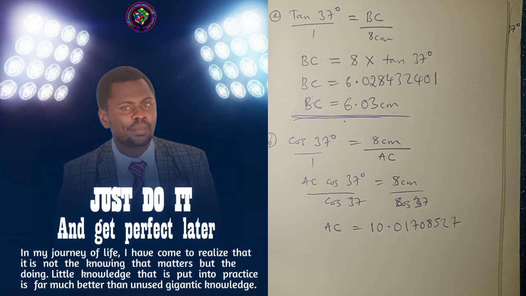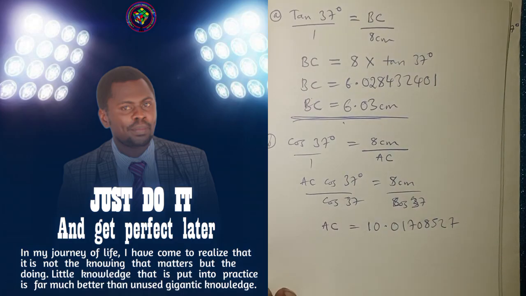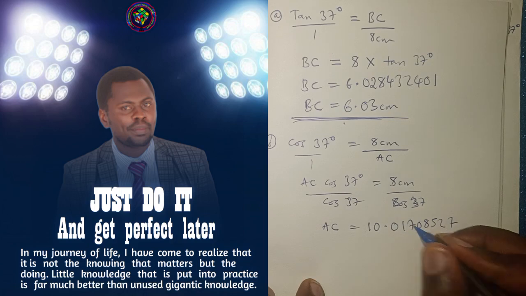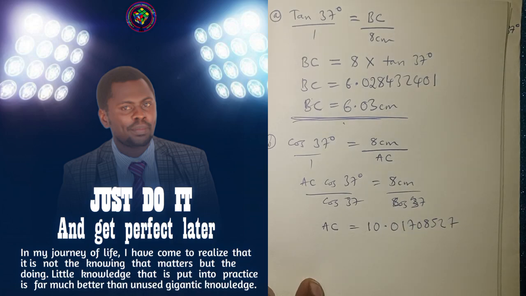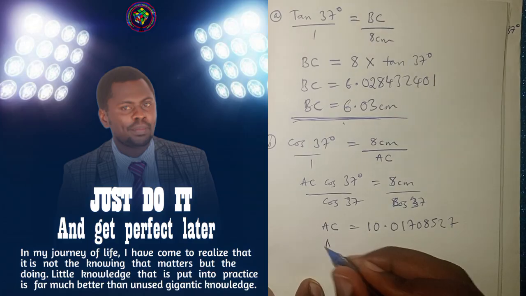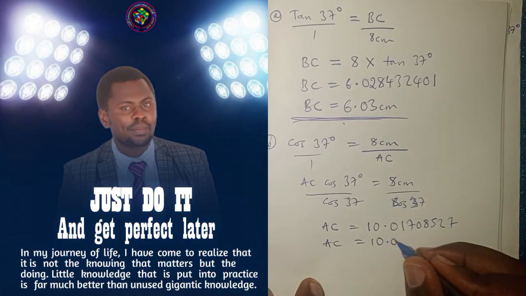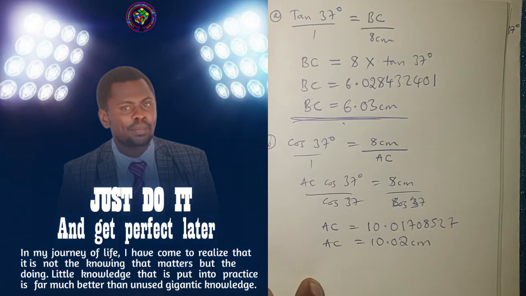Again, the degree of accuracy is not specified, and the answer is not exact, so we round off to 3 significant figures. So 3 significant figures here, we'll stop at 1. Then the next digit is 7, which is 5 and above, so you add a 1, so you get 2. So AC is equal to 10.02 centimeters.